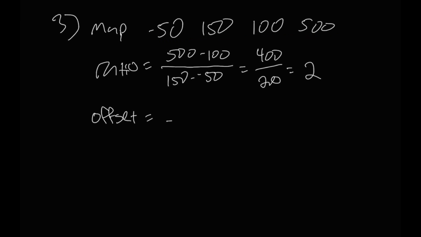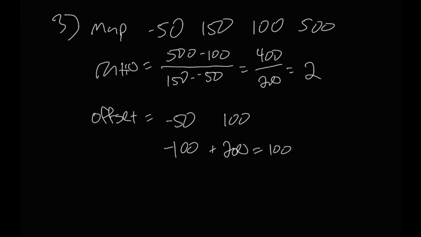So if our input is -50 and we want to get to 100, first we know that our ratio is going to hit. So -50 is going to get multiplied by 2, and we're going to get -100. Now, in order to get from negative 100 to 100, we're going to need to add 200. And that'll get us to 100.